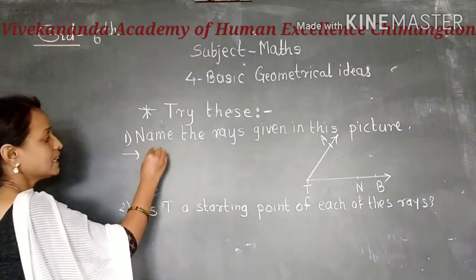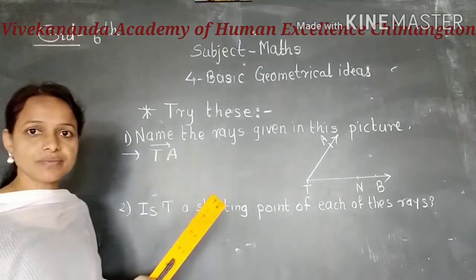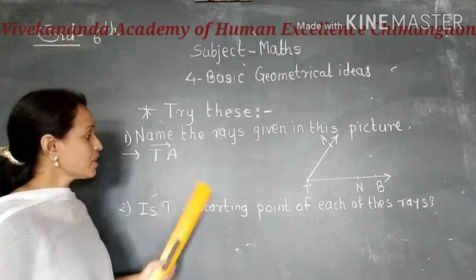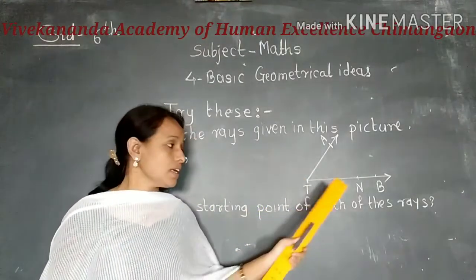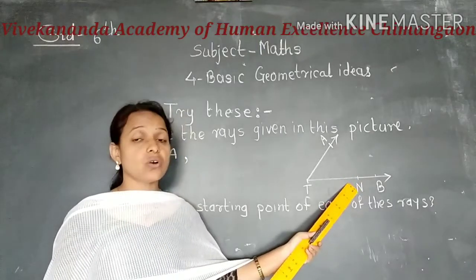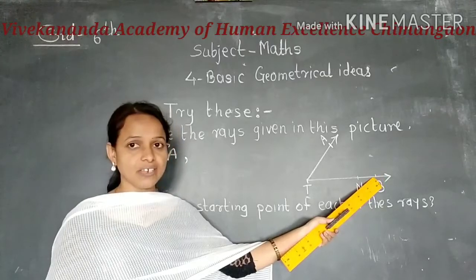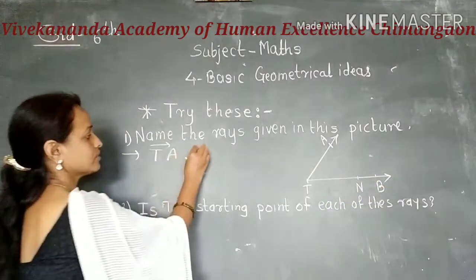So here, by using the symbol we can denote it as ray TA. Another starting point T and point N is on the path of the ray, and it can be extended endlessly in one direction. So another ray is TN.